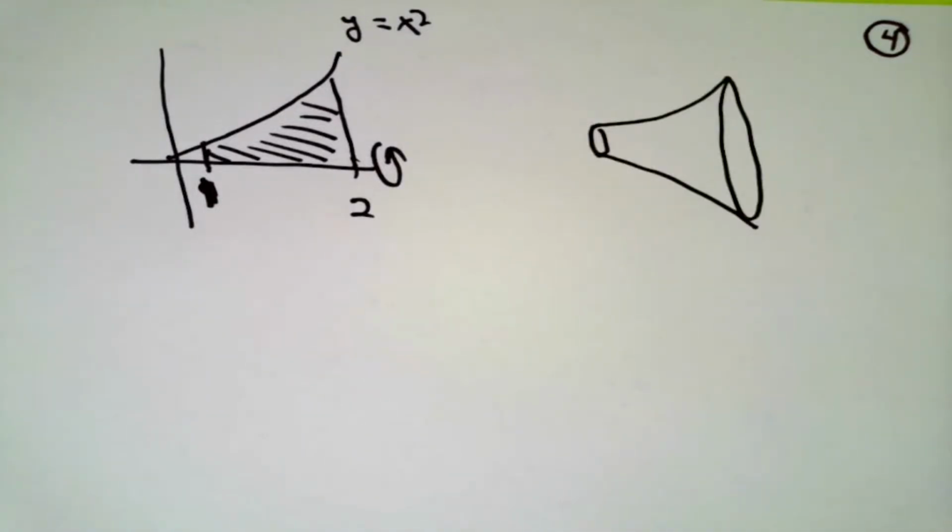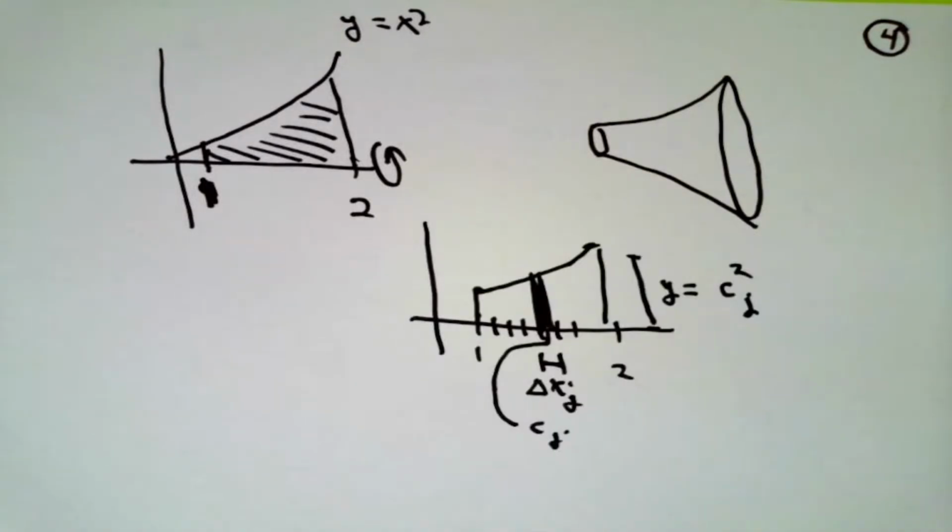I want to think about this as literally as I can in terms of the things that we're talking about. The individual vertical strips, the width of strip number j, as usual, will be called delta xj. I'll have within that strip some characteristic x value, cj.